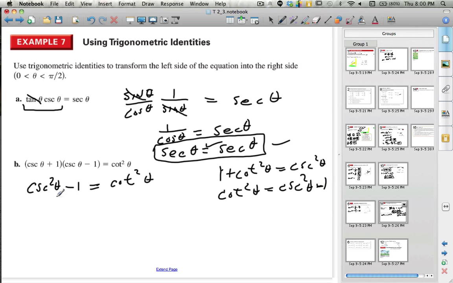Well, this is cosecant squared theta minus 1, and it equals cotangent squared, so now I can just say that cotangent squared theta equals cotangent squared theta. Right? And I'm done. Okay, but it's the appropriate step by step to get to the two sides being the same that is the part that matters.